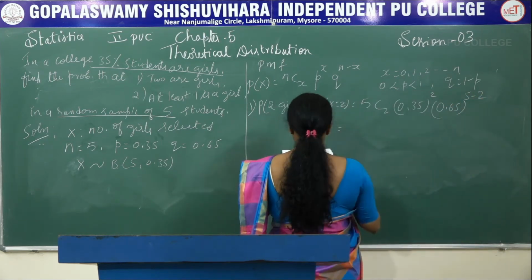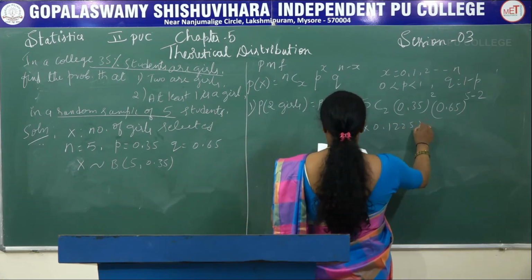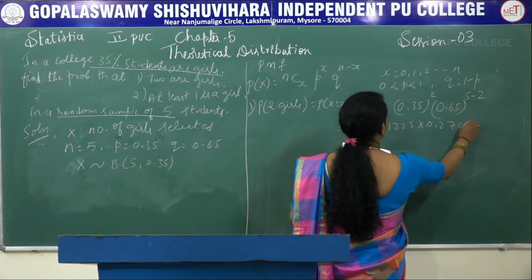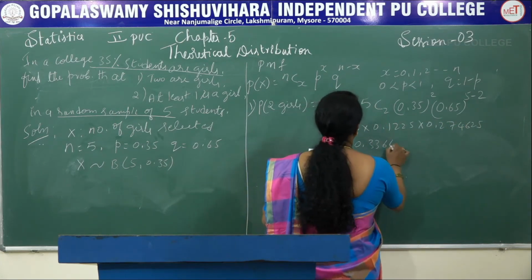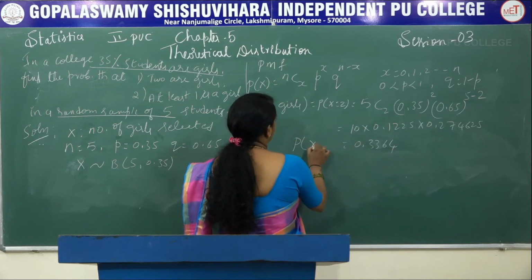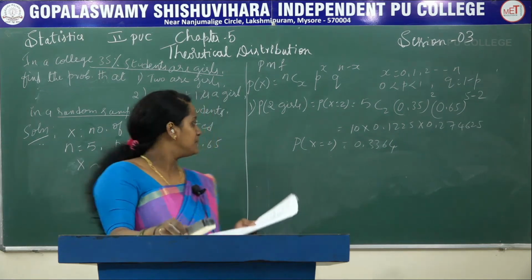This is 10 into 0.1225 into 0.274625, which is 0.3364. This is probability of x equals 2 girls.